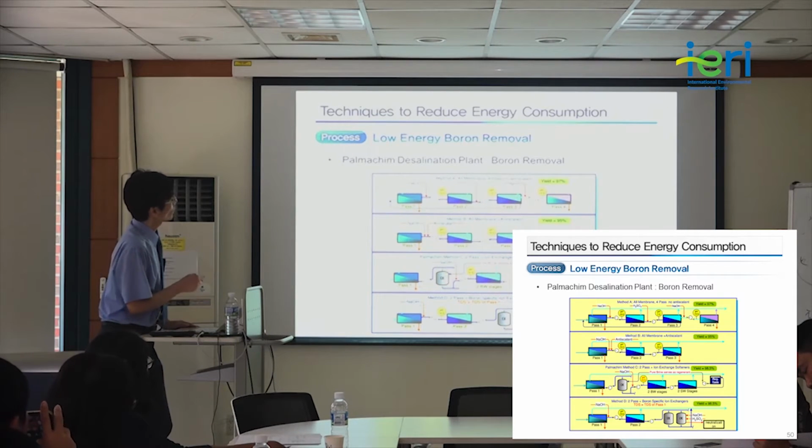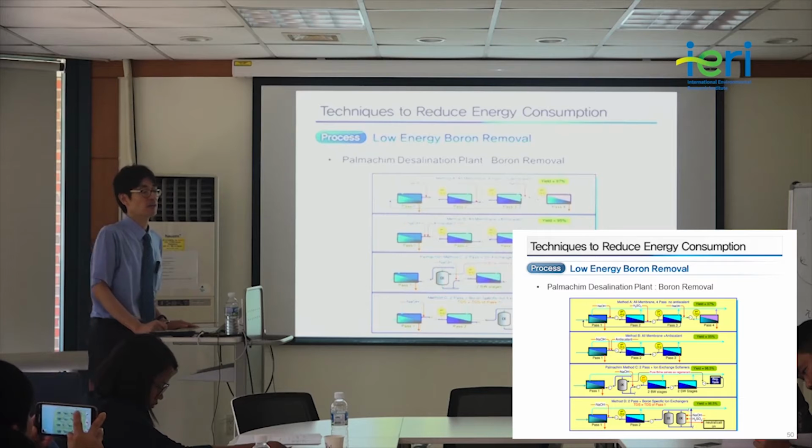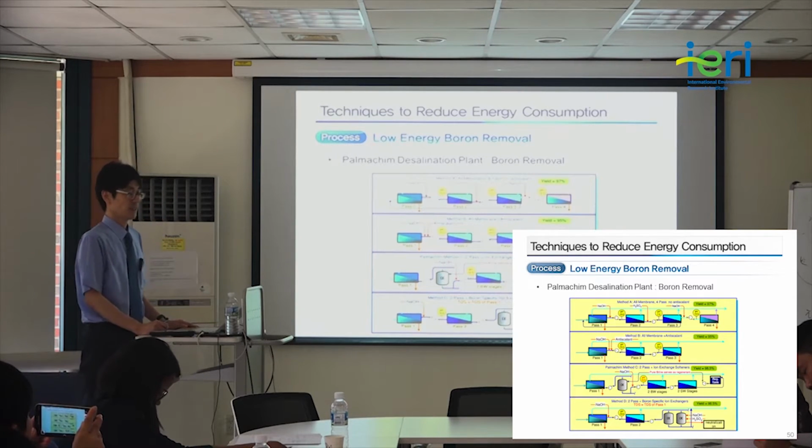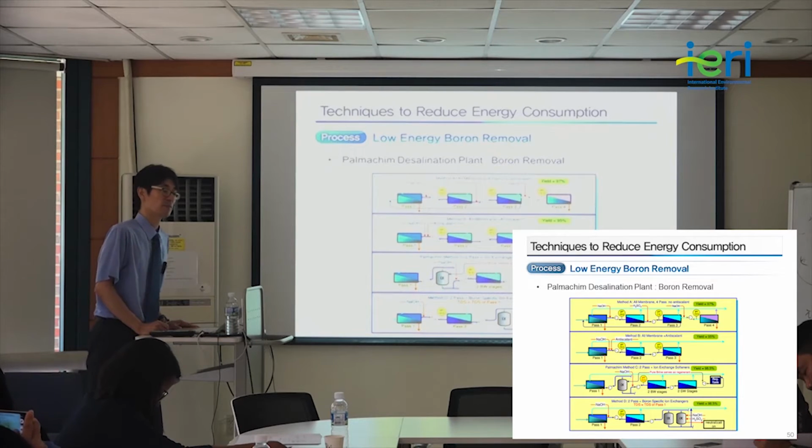Another place where we may use energy for getting higher quality water from seawater desalination is the second stage reverse osmosis when boron is problematic.